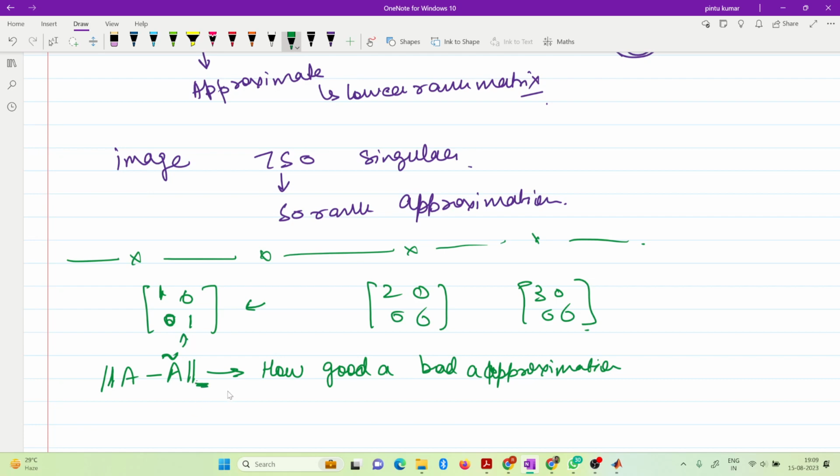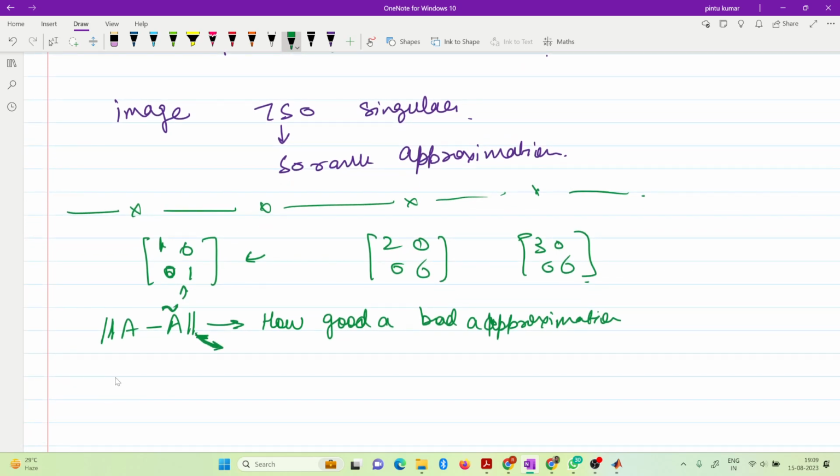You can choose your norm on your own, but let's say I choose the Frobenius norm. It is defined as, if you have a matrix, the square root of the sum over ij of aij squared. So you take the sum of all these elements squared and you just take their square root. So this is one way to measure it.